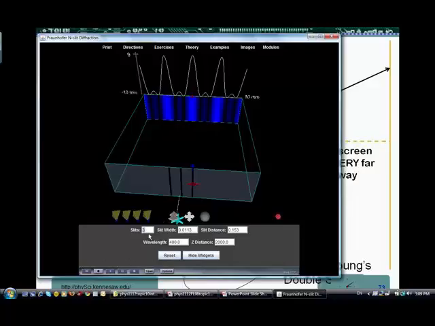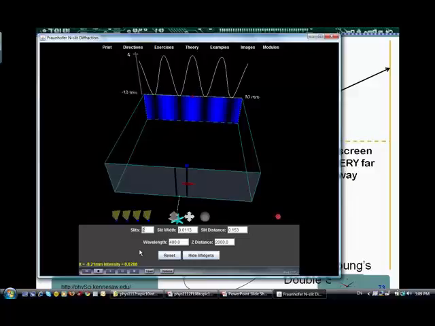Now we are seeing this for blue light. Now the position for the maxima, notice here how many do we have? 1, 2, 3, and then portions of the others. Let's go back to 2. Same thing. So the position of the maxima does not change. That's important. Let's go to 4 slits.